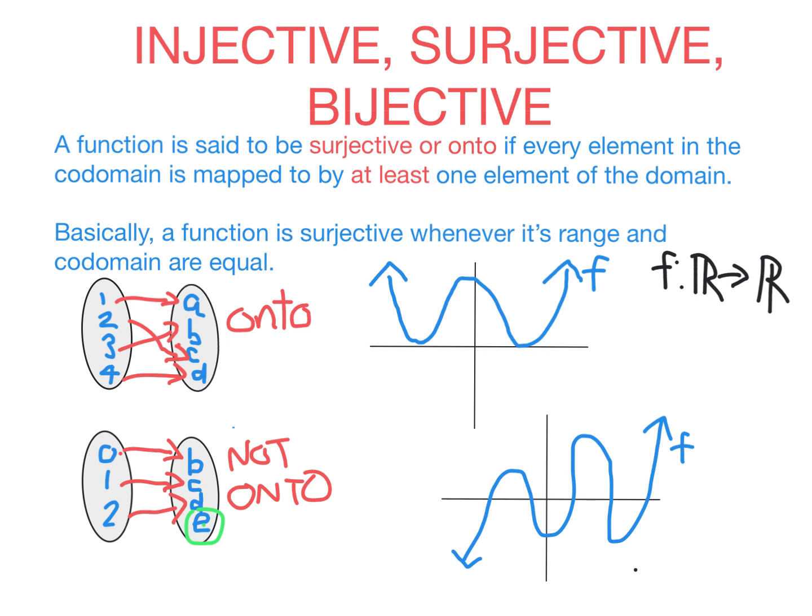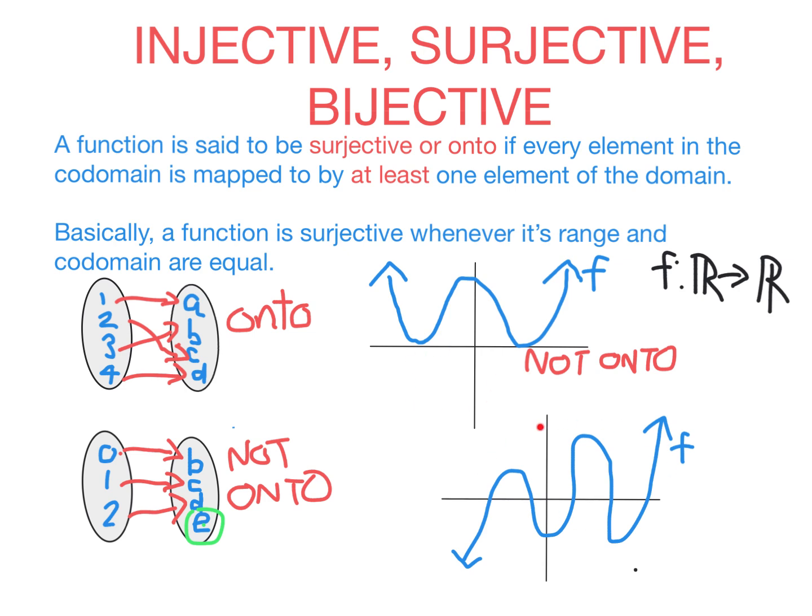What about from graphs? Well, here we have two graphs that are mapping the real numbers to the real numbers. So this function here is not onto, it's not surjective. So why is that? Well, when we're looking at functions, we're mapping x values to y values. You can clearly see here that there are some y values, namely negative ones, that are not mapped to by any x value.